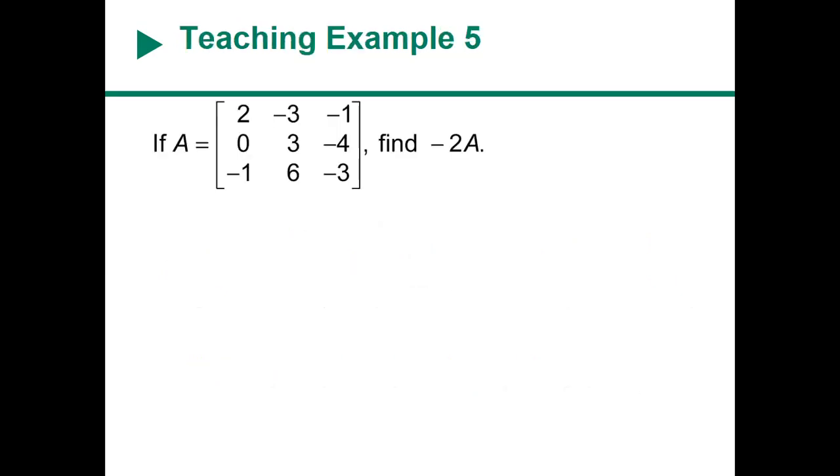All right. So really quick, if it says that I have A and it wants me to multiply matrix A by -2, I am multiplying every element by -2.